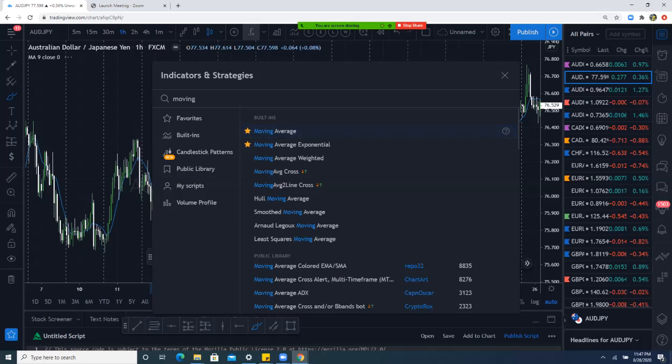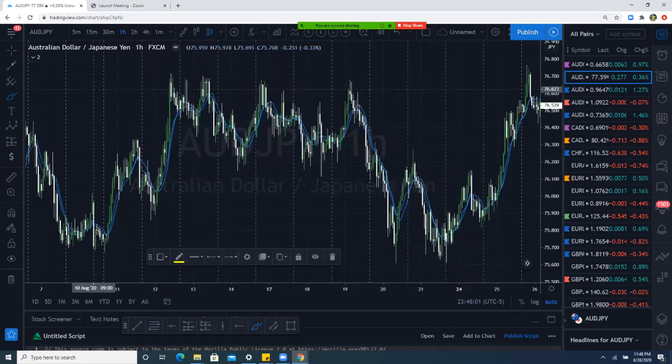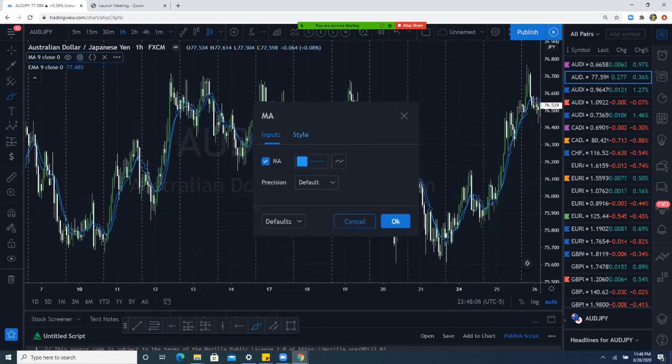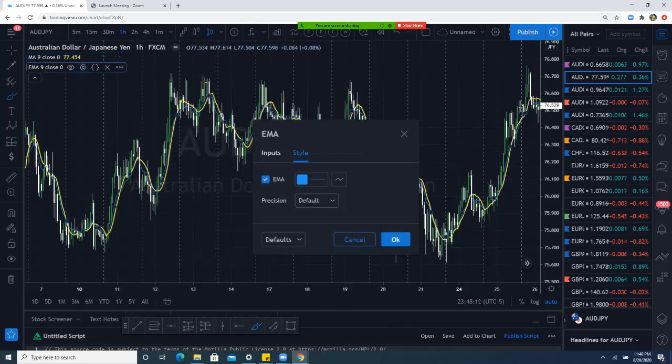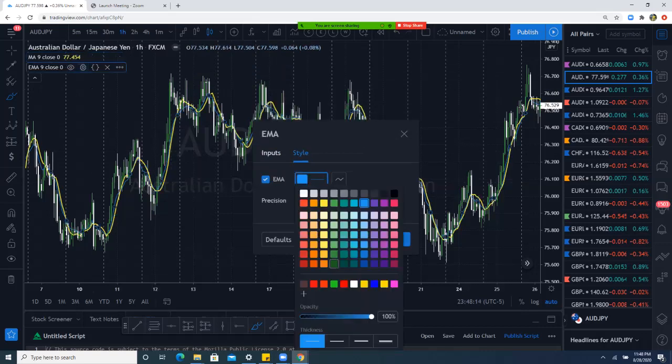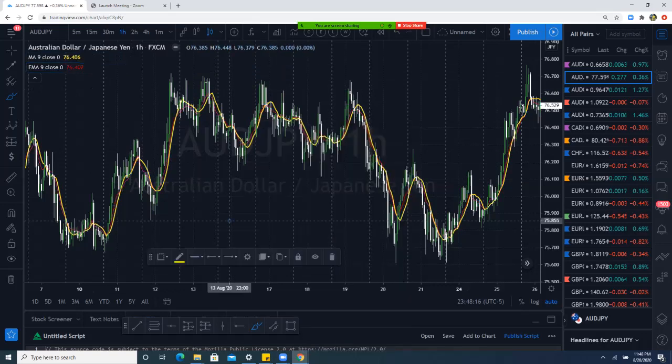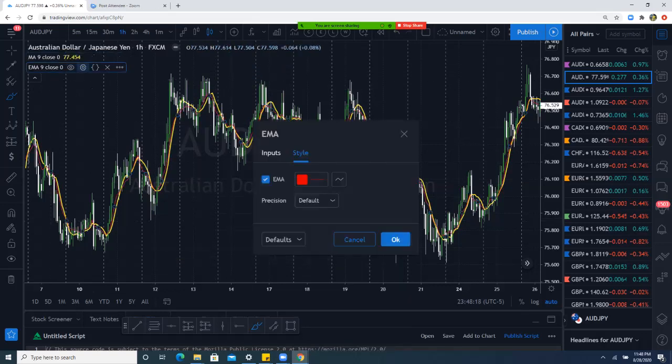To illustrate that, I'm going to put both moving averages on here. I'm going to make the simple moving average yellow and make it big, and I'm going to make the exponential moving average red and make it big.